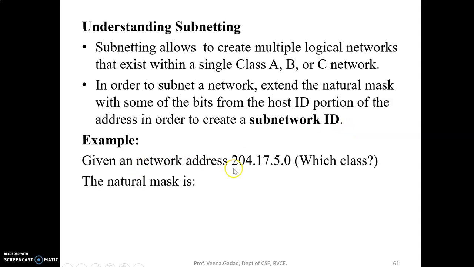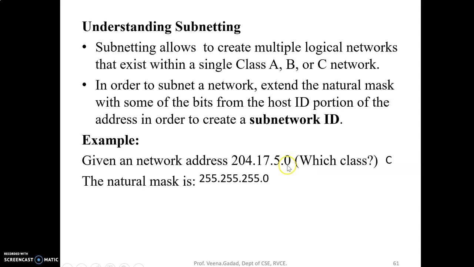Given the address 204.17.5.0, which class does it belong to? It belongs to class C. What is the natural mask? It is /24 or 255.255.255.0. If I want to construct a subnetwork, I need to extend into the host part. I have 8 bits.